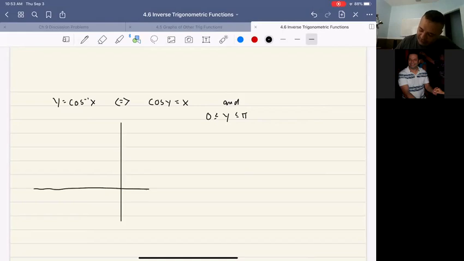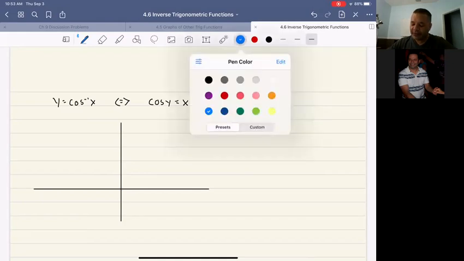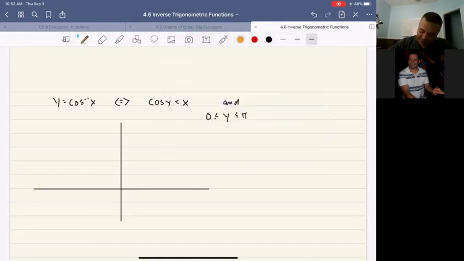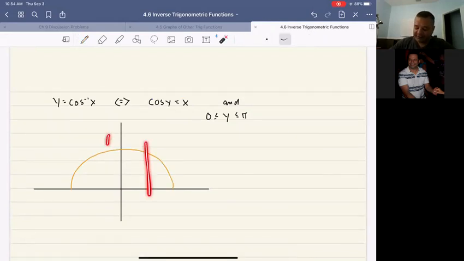How's this working out? So if we want to think about this in terms of the unit circle, the inverse cosine is taking the top half of the circle. Remember, the cosine is the x's. Okay, so for example, inverse cosine of 1/2.